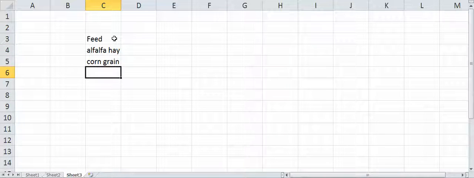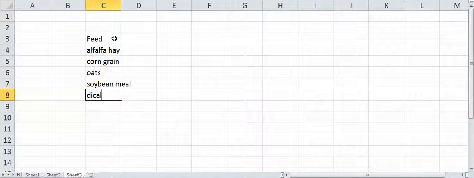So here's what I write, what I know. My feeds: alfalfa hay, corn grain, oats, soybean meal, dicalcium phosphate, salt, vitamins, trace minerals.